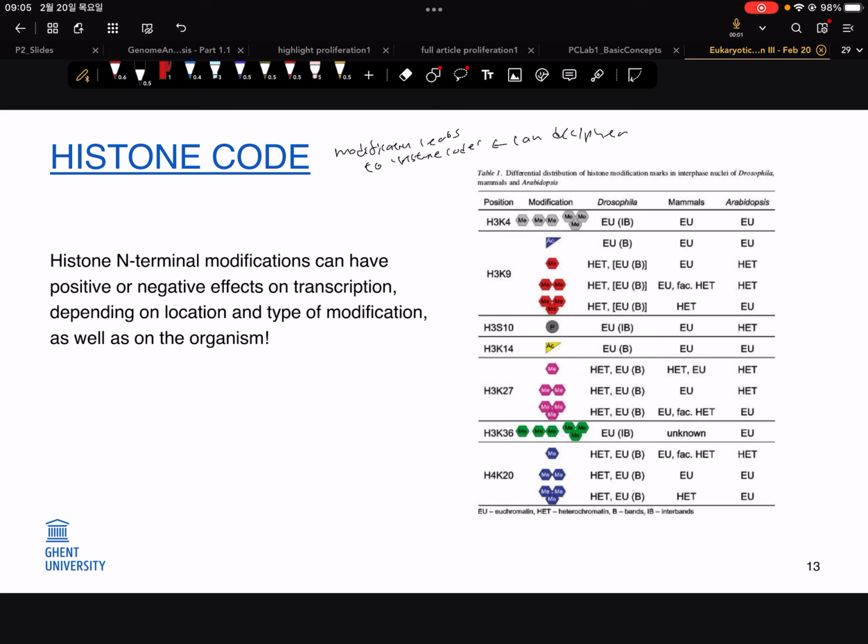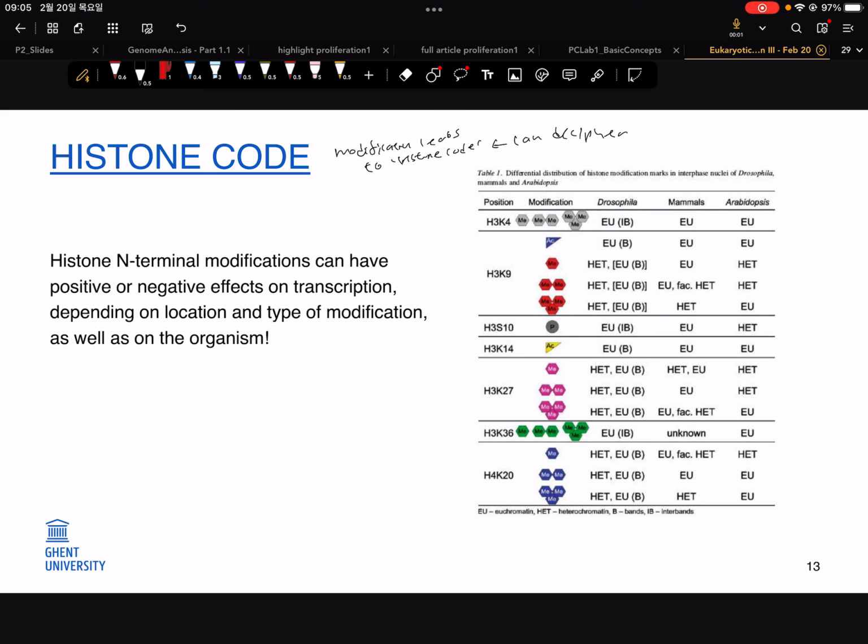And that is because the effects of those modifications are variable between organisms. They change between organisms, but also depend on the location and on the number of changes. For example, here, histone 3 lysine 4 can be monomethylated, dimethylated, or trimethylated.